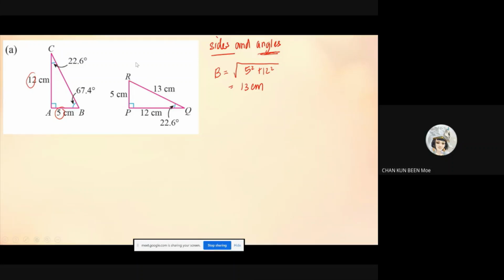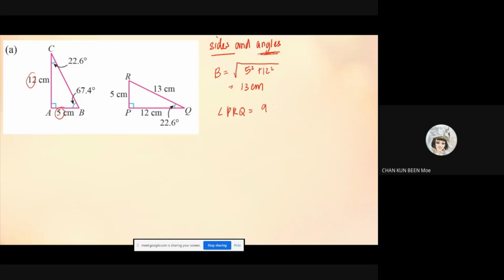Okay, can you tell me how to get angle PRQ? If you still remember, 180 minus the other two. Okay, you can do like that, but I told you before already, right? If it involves a right angle triangle, you don't have to go through the steps one by one, 180 minus 90 minus 22.6. Directly, you can use 90 minus 22.6.